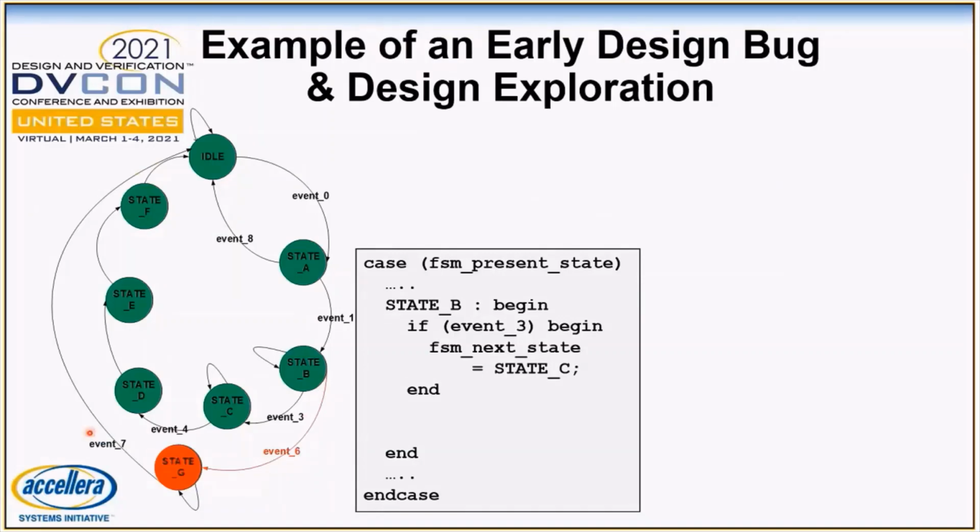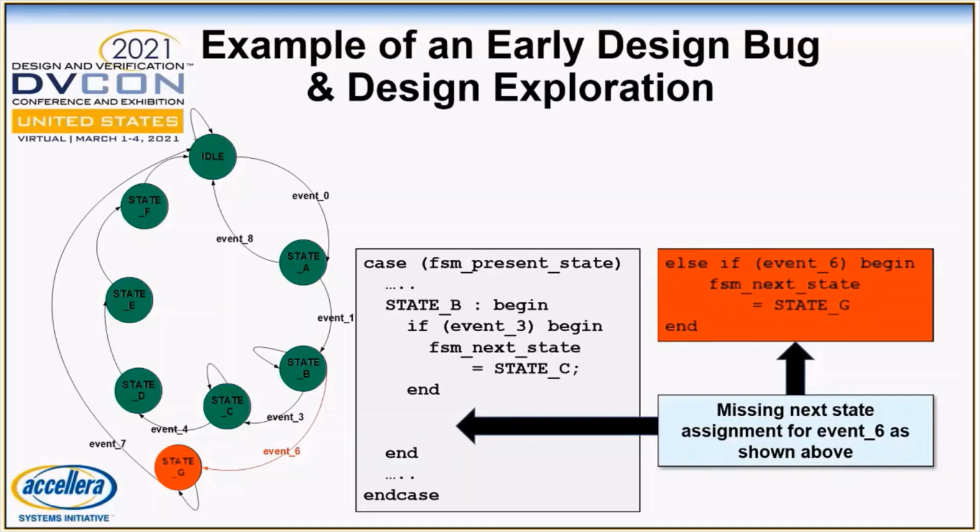The figure shows a finite state machine diagram of one of the design blocks. The code in the text box shows the RTL implementation of arcs exiting from state B. Now, there are two arcs to exit from state B. One is associated with event 3 and the other with event 6. If you notice, the RTL code is missing the implementation of the arc associated with event 6.